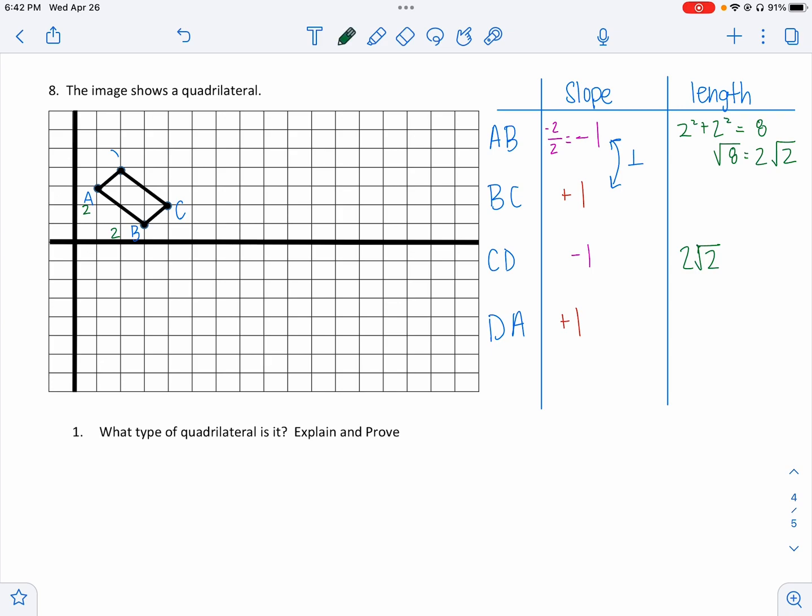Okay, then 1 by 1, that's going to be 1 squared plus 1 squared, which equals 2. So that means this side length is square root of 2. Same thing with D to A, just square root of 2.